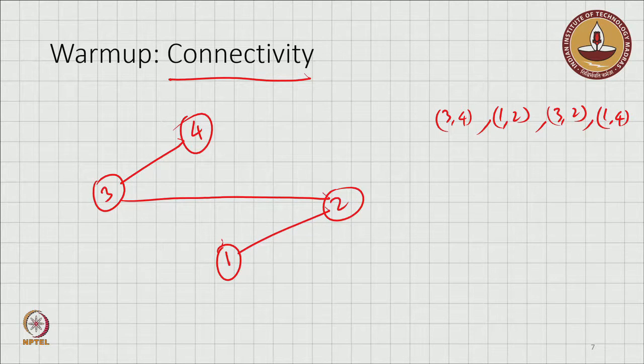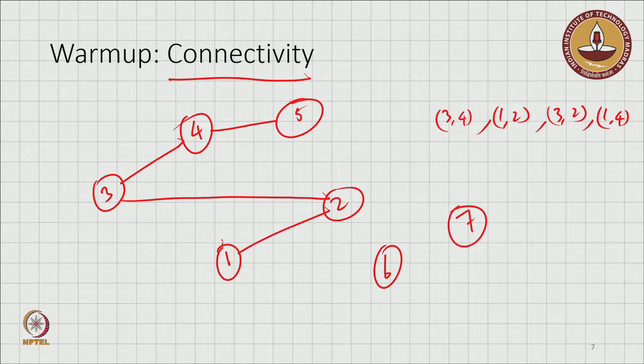Then let's say we get an edge 4, 5. We add that. Then 6, 7, and let's say that the stream stops at this point.